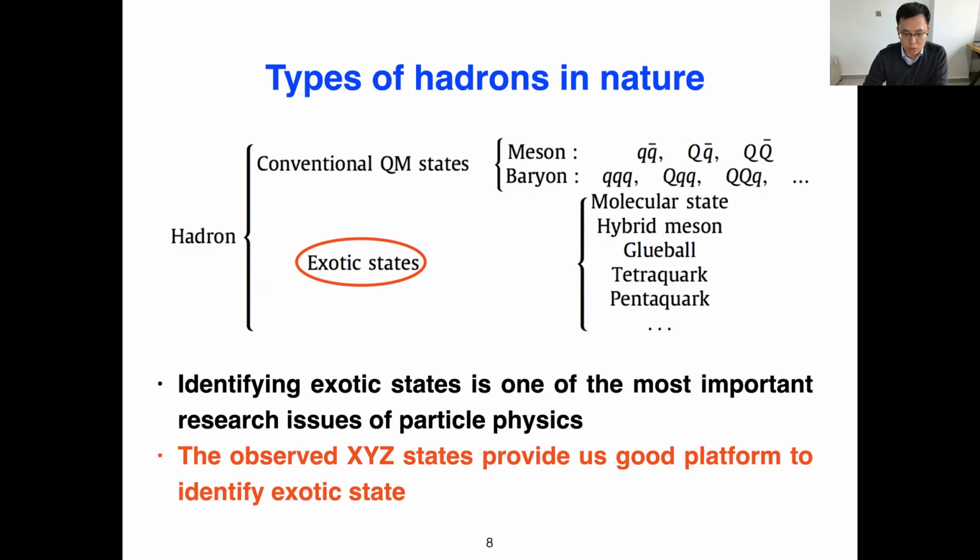I also want to emphasize another point. The observed XYZ states can provide us a good platform to identify the exotic states, and also can provide a chance to construct the J/psi family. So in this talk, I will focus on these issues.